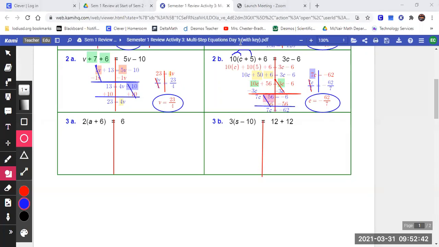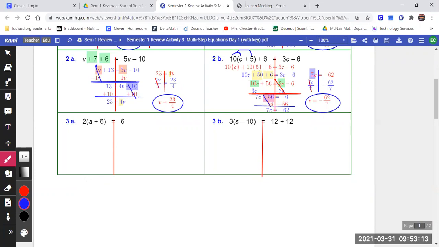Okay, 3A. You tell me, what's my first step? What do you see and what's our first step? Distributive property.